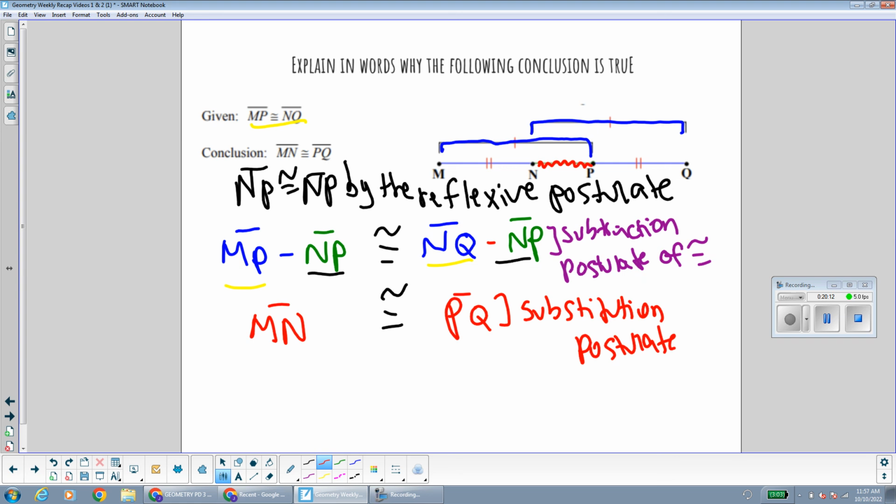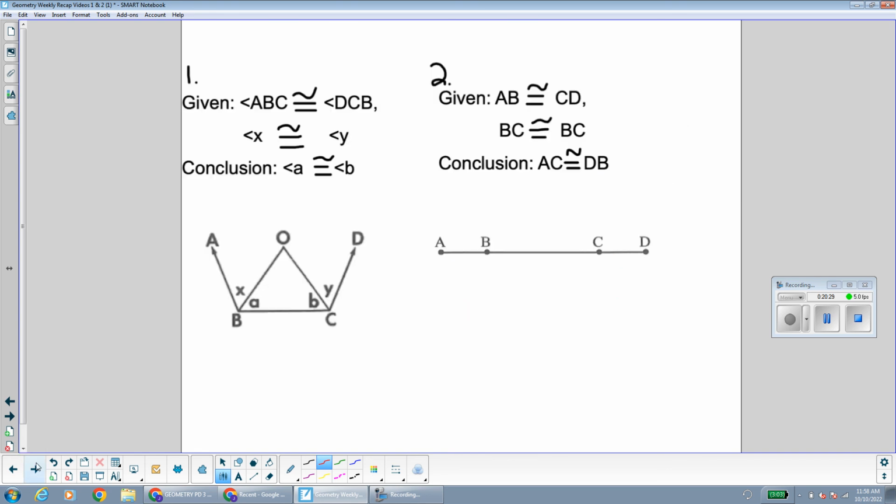Since we started with two congruent segments, and from each of those we subtracted two congruent segments, we ended up with two congruent segments, MN and PQ. But once again, I do think it's easier to see with the symbols. Two more examples.